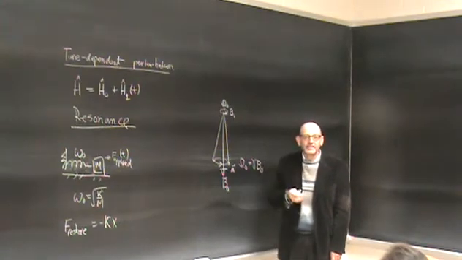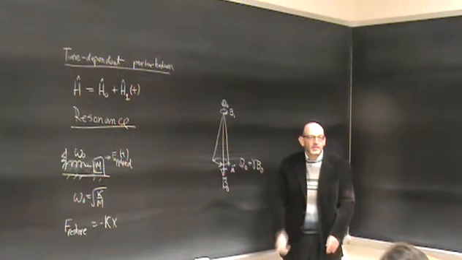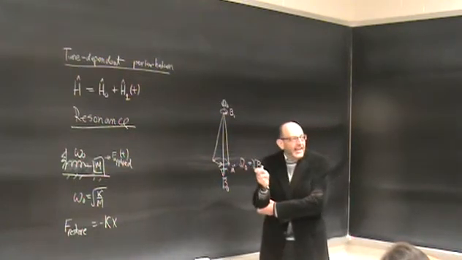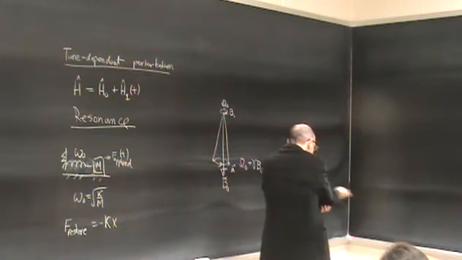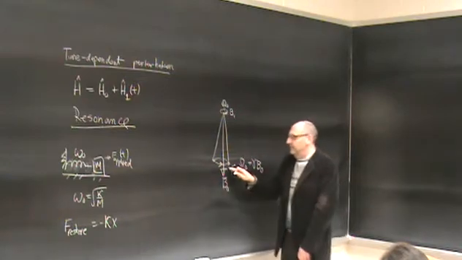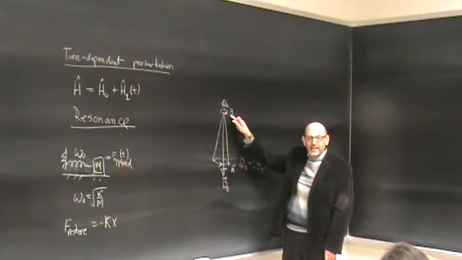What's going to happen? Well, if I go into the rotating frame, co-rotating with my magnetic field, in the frame of this, it looks like a static magnetic field, right?